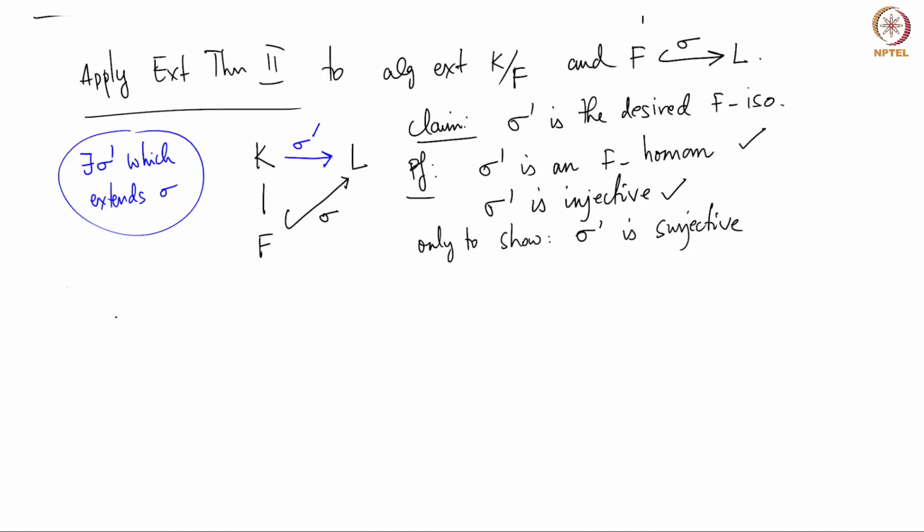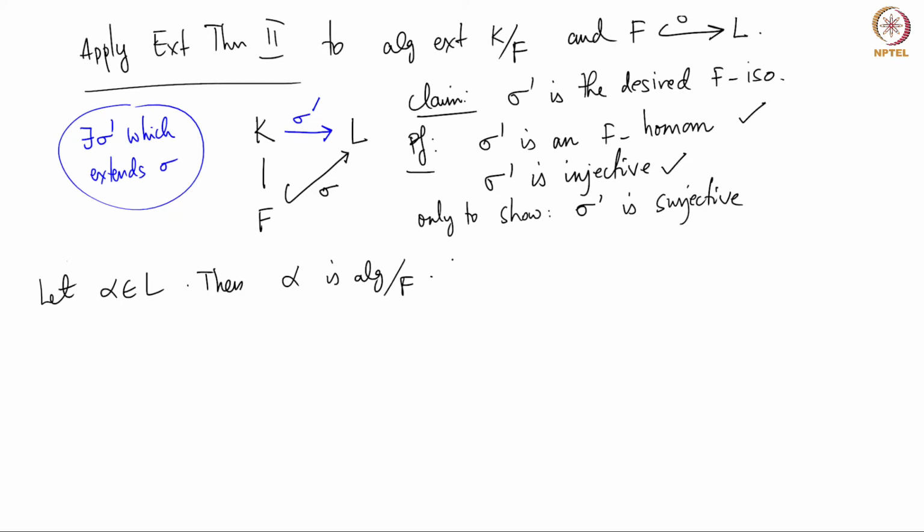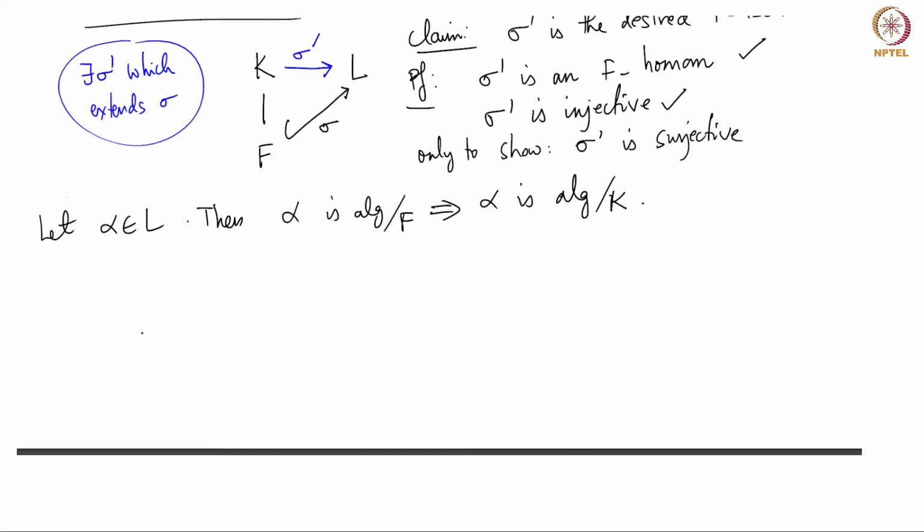And this is clear because let us take any arbitrary element alpha in L. Of course, alpha is algebraic over F, because remember, an algebraic closure is an algebraically closed field which is an algebraic extension of the base field. So L is algebraic over F, so that means alpha is algebraic over F. Let me set up some more notation here.